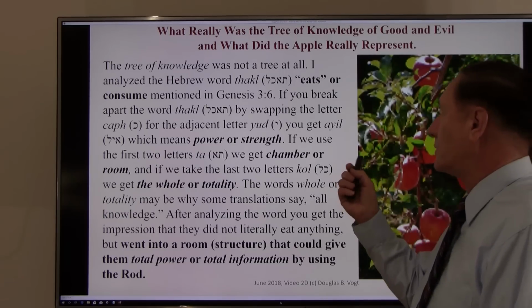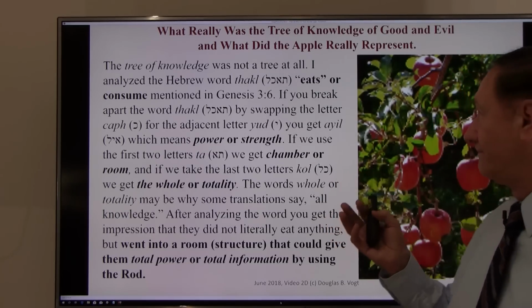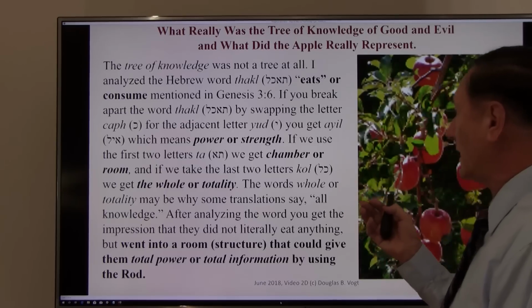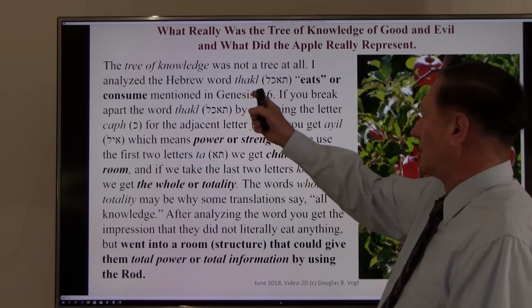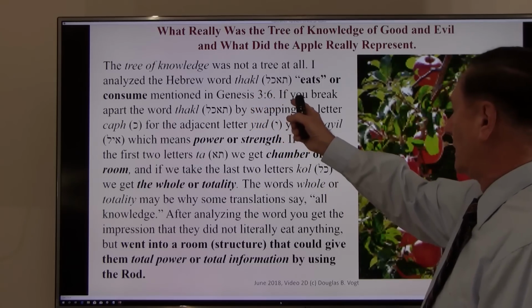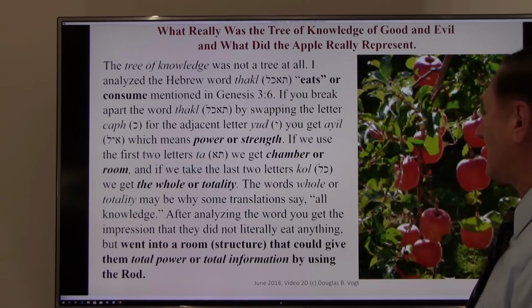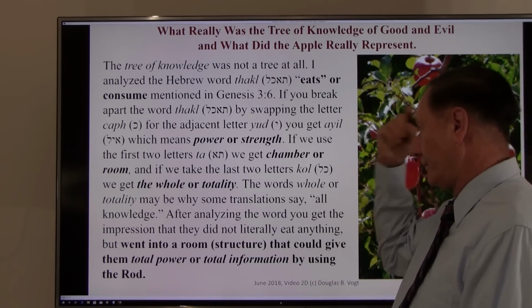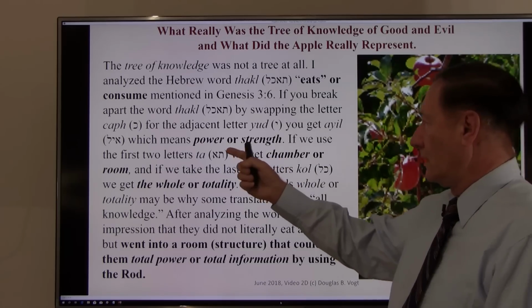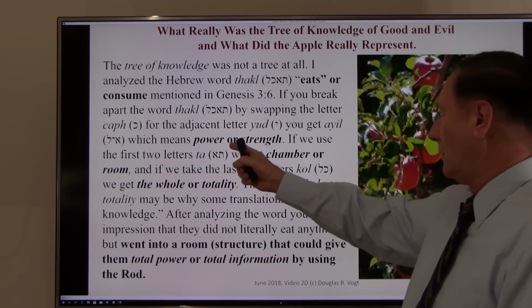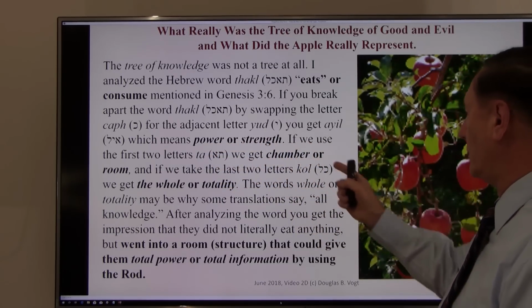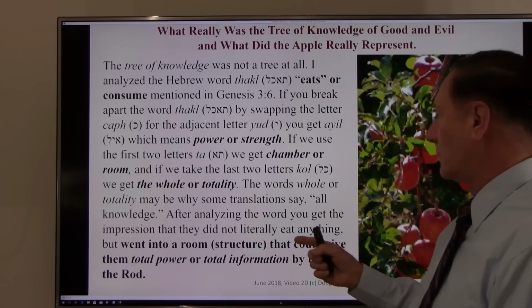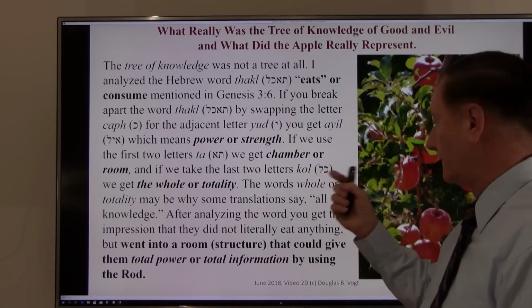The tree of knowledge of good and evil. The Hebrew word to eat, which means eat or consume, is mentioned in Genesis 3:6. If you break the word apart, by swapping the letter chet for the adjacent letter yud, you get ayil, which means power or strength.